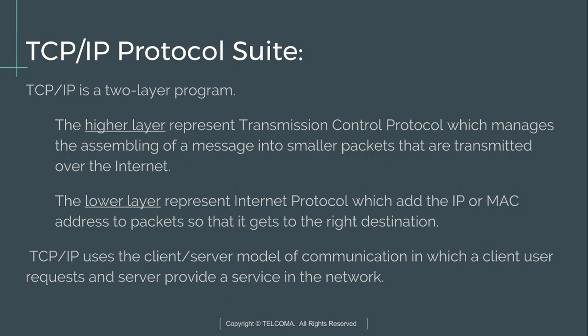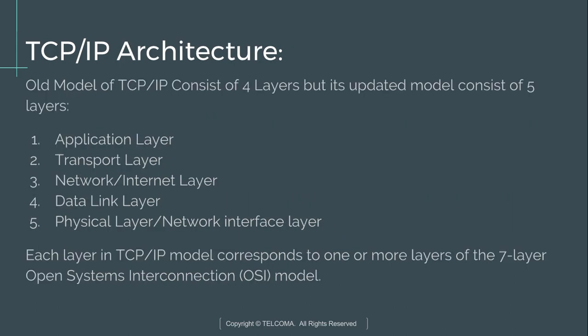So TCP/IP uses the client-server model of communication, in which a client user requests and the server provides a service in the network. Next, the TCP/IP architecture. The old model of TCP/IP consists of 4 layers, but its updated model consists of 5 layers: application layer, transport layer, network or internet layer, data link layer, and physical layer, or the network interface layer.